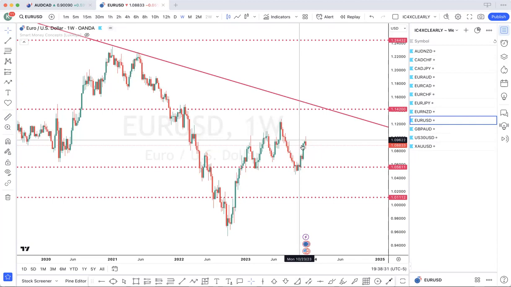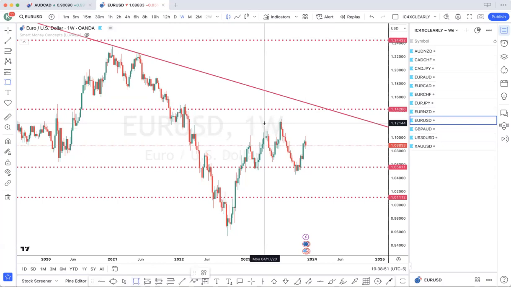Looks like price went up and then broke a level of structure, came to a key level. So price is either going to continue up to this zone, or price is going to pull back, which is also a key level here now.